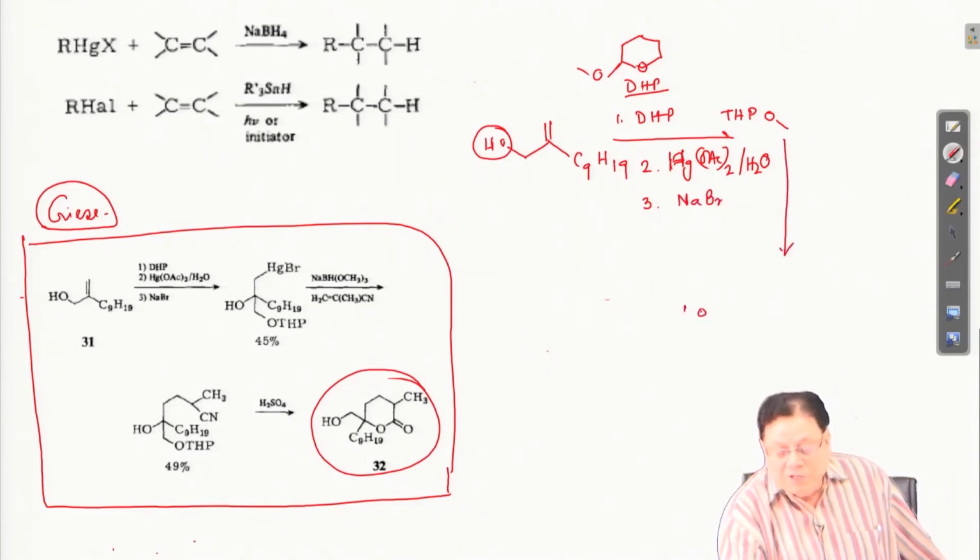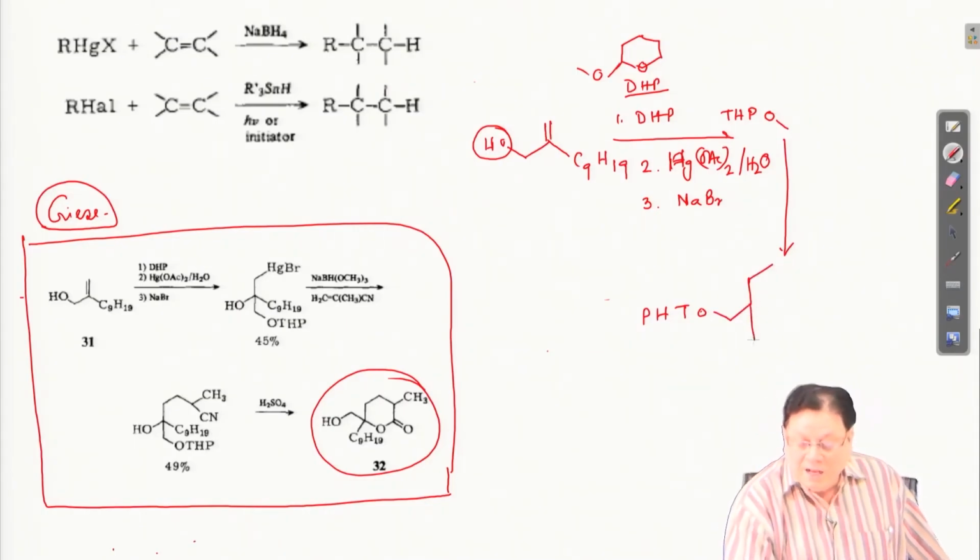First of all, this is THP, and then you have this double bond, it adds in a Markovnikov way. So, you have the C9H19, you have OH here and you have this HgOAc.